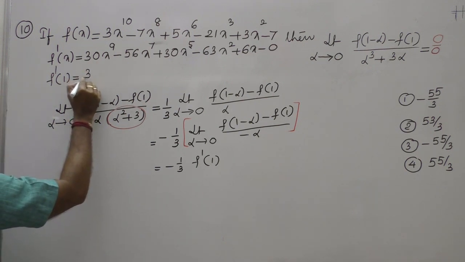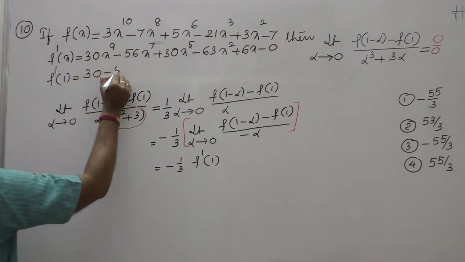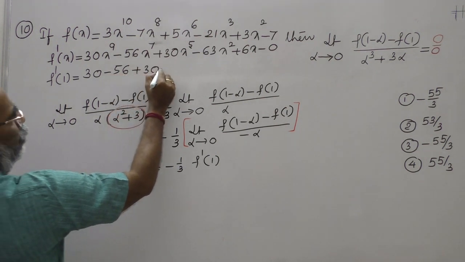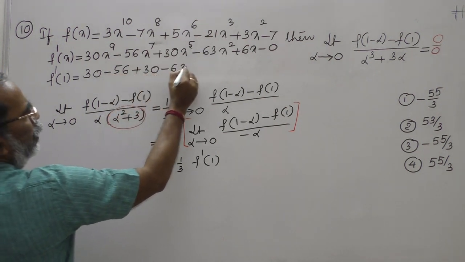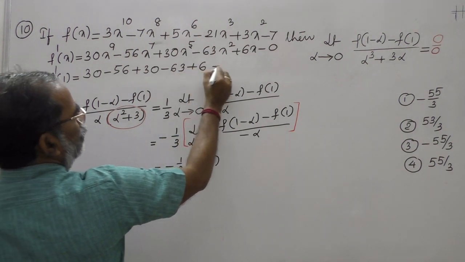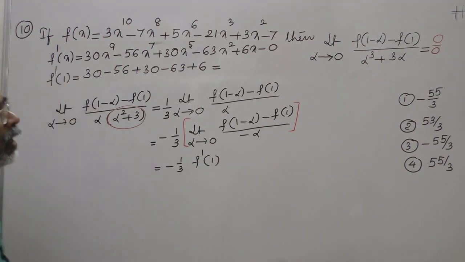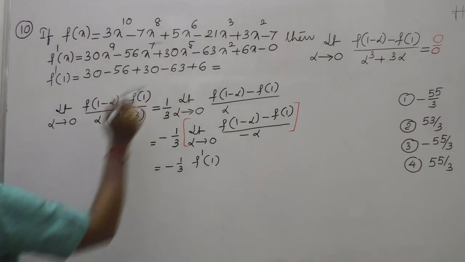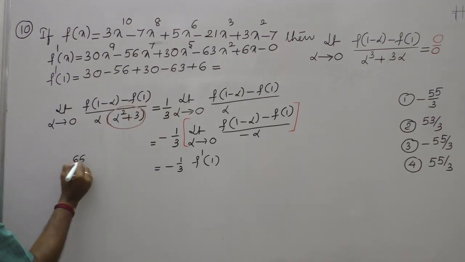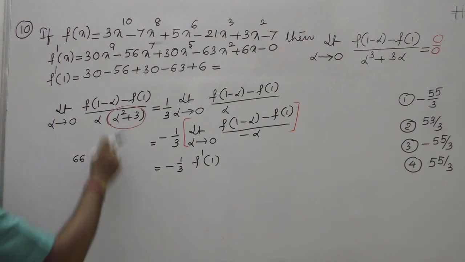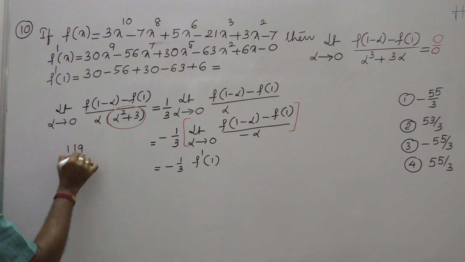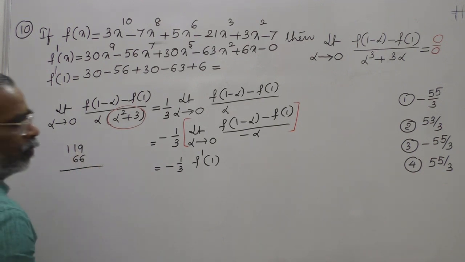If I put 1, this will be 30 minus 56 plus 30 minus 63 plus 6. This is equal to, we shall add all positive numbers. 30 plus 30, 60, 66 is positive. And you add negative numbers. There are two negative numbers, 119. Simplify this.